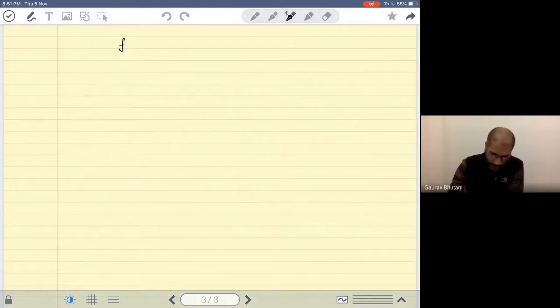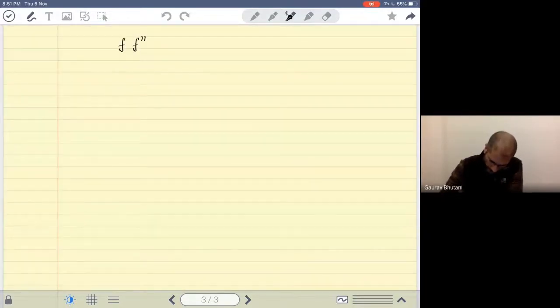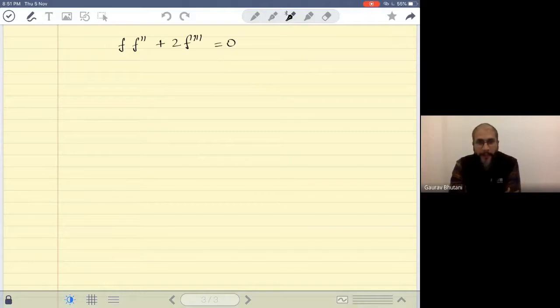For this particular choice of our similarity parameter eta, which ensures that our similarity idea works, we ended up getting this ODE. This is the third order equation, and it is called the Blasius equation.